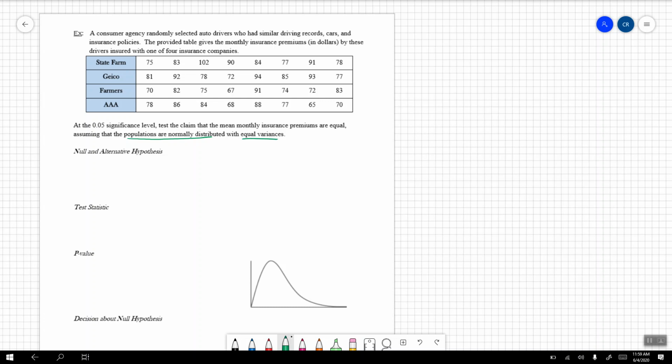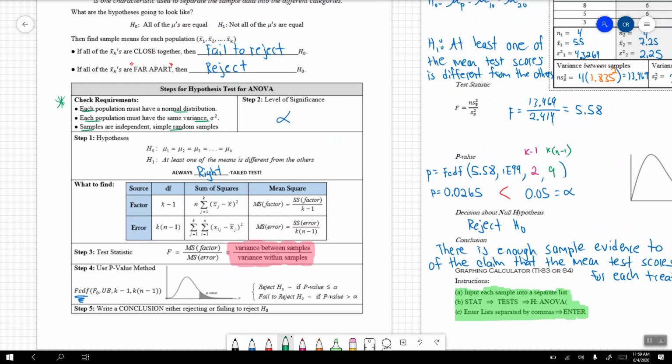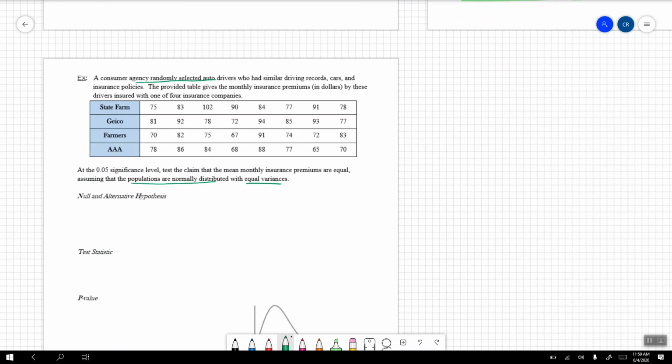That's the second condition we were looking for. Finally, we're looking for randomly selected. And this is randomly selected, in this case, auto drivers. So the first three conditions are in fact met, and that's these three conditions. We were given an alpha level.